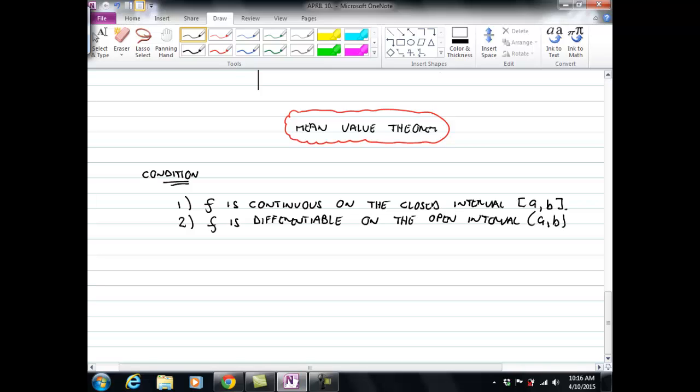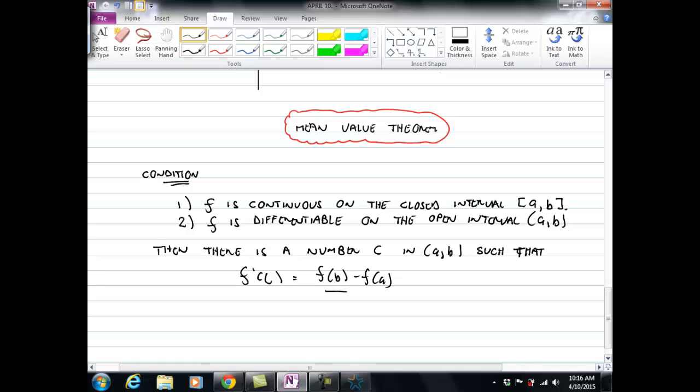Now, if these two conditions are met, see, the beauty of this is there's only two, then there is a number c in (a, b) such that f prime of c equals f(b) minus f(a) over b minus a. That is actually the mean value theorem.